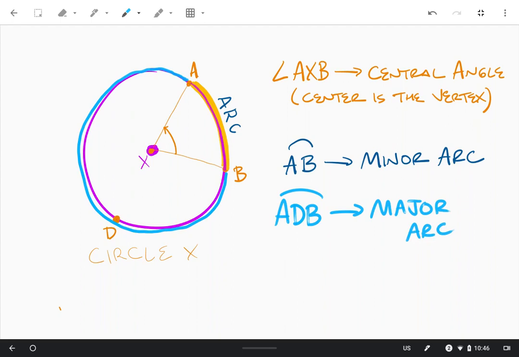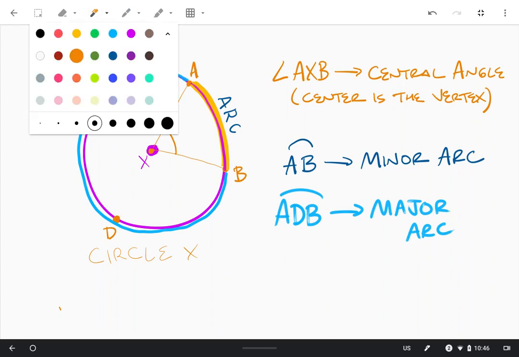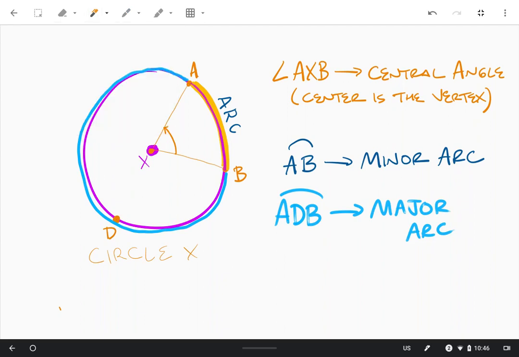The difference I want you to notice is that a minor arc is the arc that is inside the central angle. It's the shortest path. So we can see the direct connection between AXB, this angle that we've drawn at the beginning, and the arc AB. It's the shortest distance. So we have angle AXB, and then the arc AB that we've drawn here in yellow.